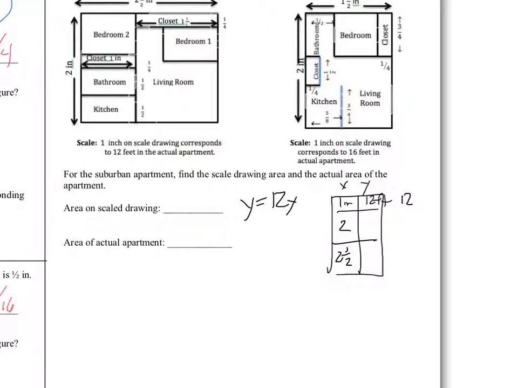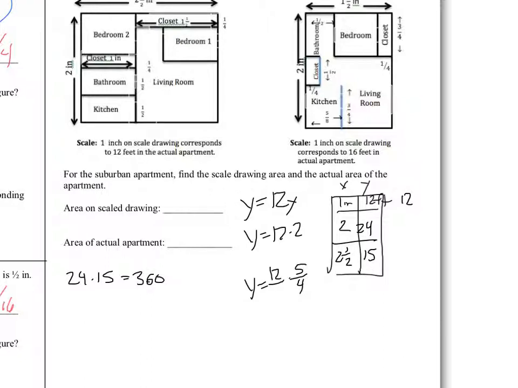We'd figure out that y is equal to 12 times 2, which is 24. And this one would be y is equal to 12 times 5/4, which is going to be 15. And then we could multiply 24 times 15. That's going to get kind of messy, but I think that's going to give us 360.